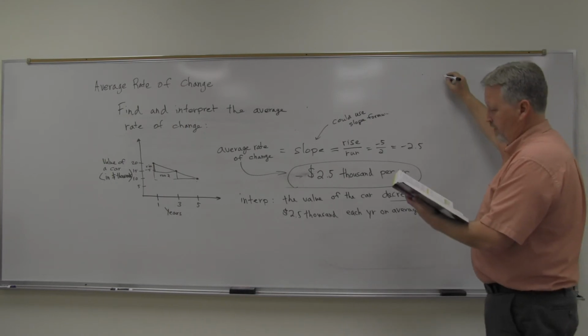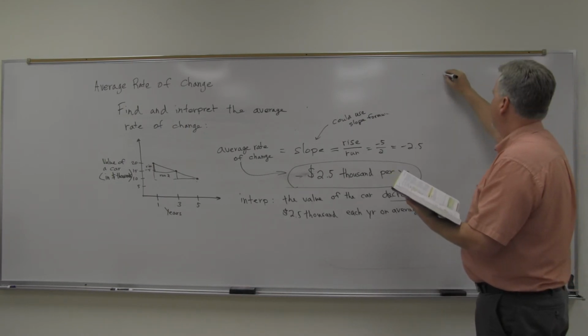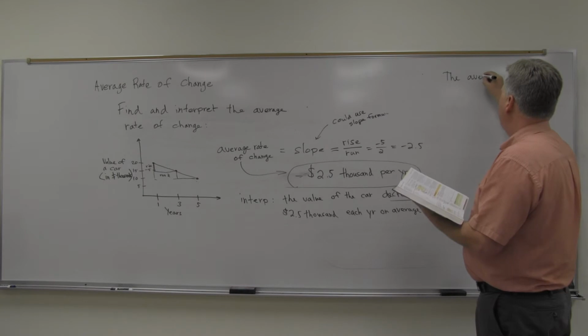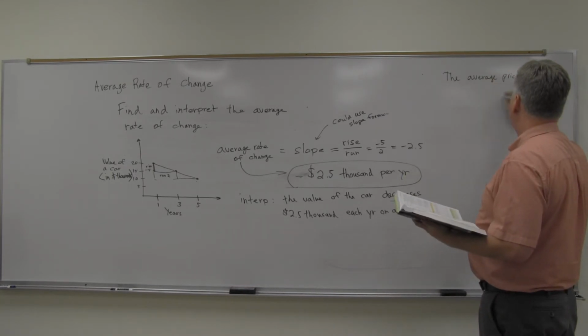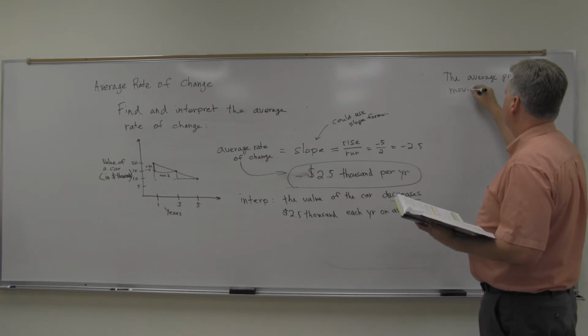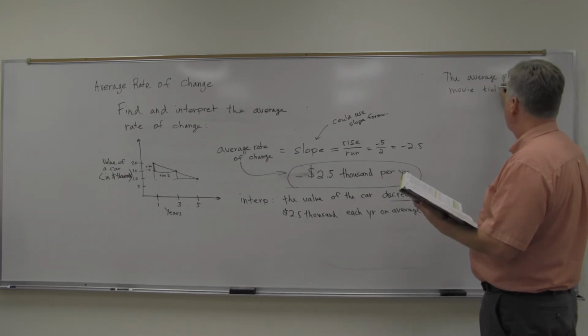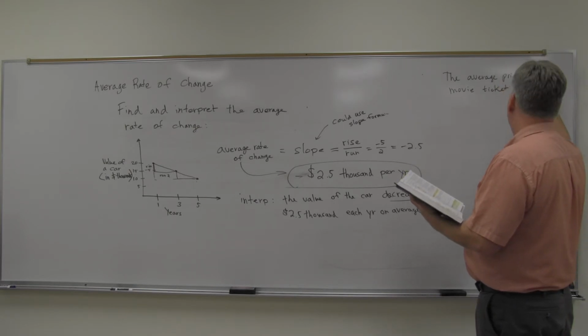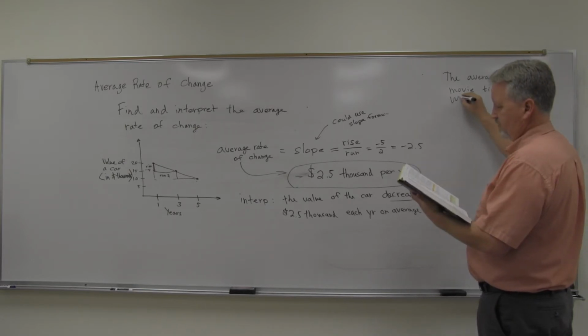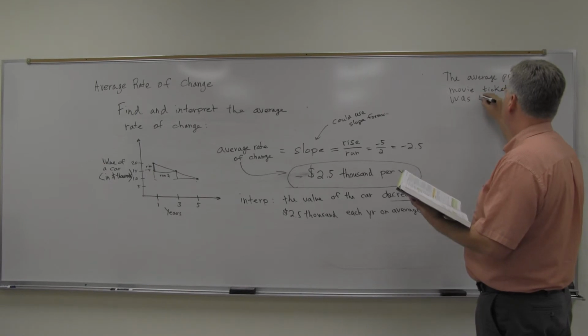All right, so the average price of a movie seat in 1990 was $4.23.